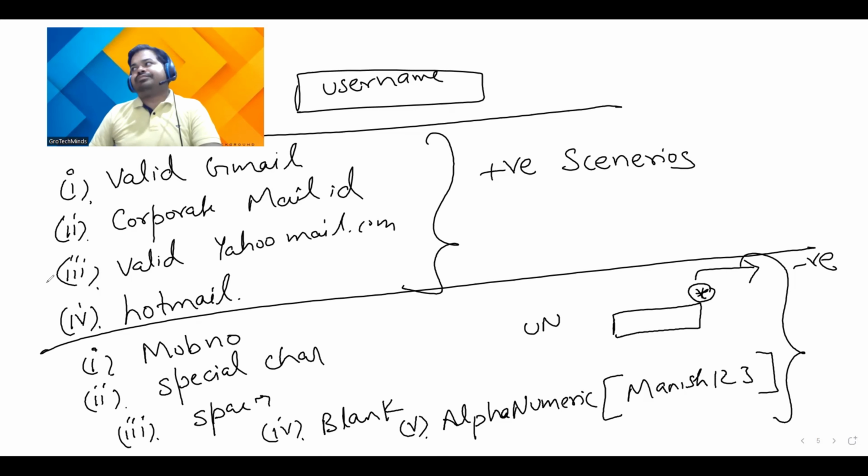Same or different, it should not accept, because only one should be considered. Oh, I got your point now. Like in the username text field, I'm entering Manish's email ID and then I'm also writing Pankaj's email ID. Yeah, correct. It's fine. I don't think it's required to add.